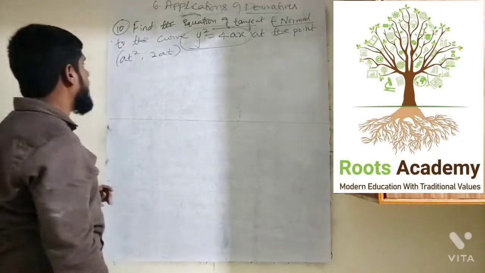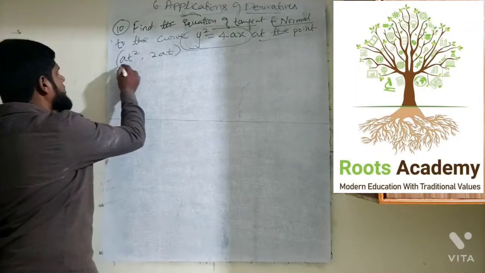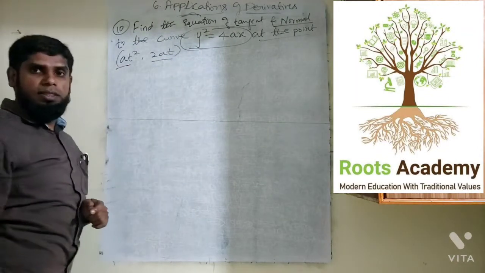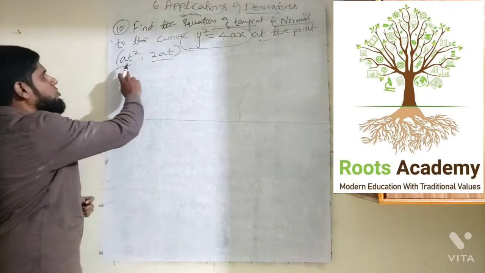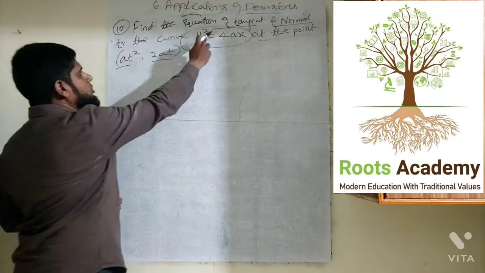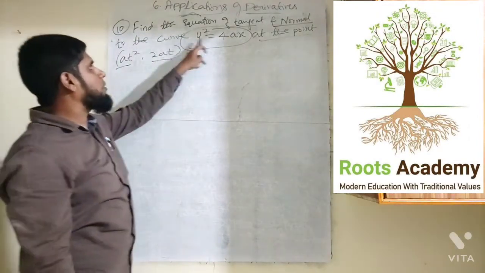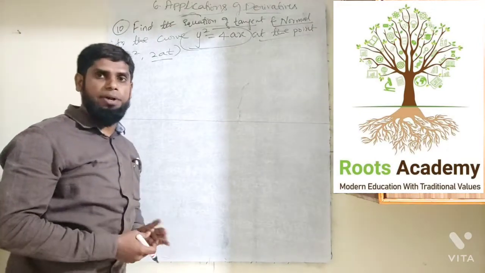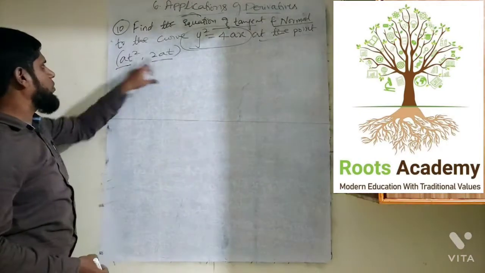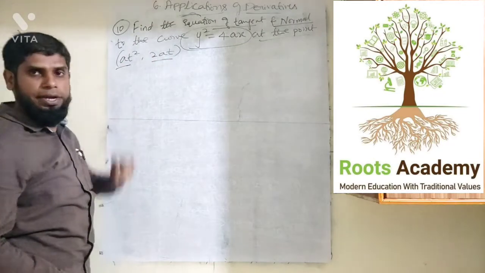And a very interesting point here is, at the point, whatever the point he has given, these are the parametric functions of this curve. These are the parametric curves to the given parabola. If you want to ask the same parabola in a parametric form, then it should be like this only. X is equal to at square and y is equal to 2at.